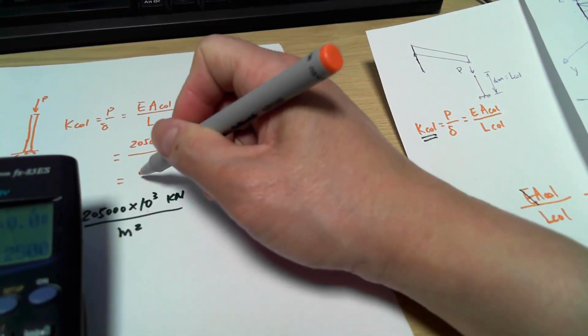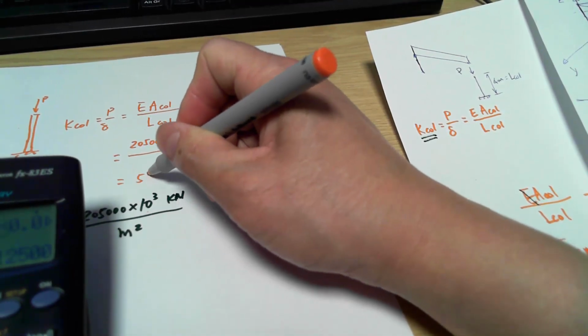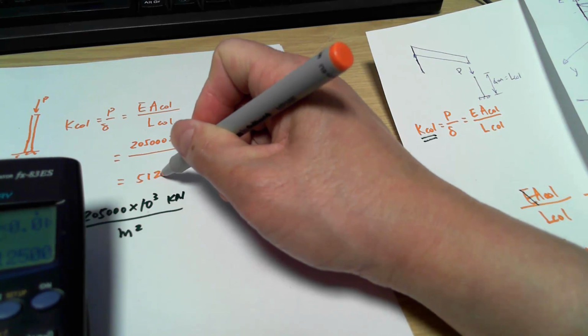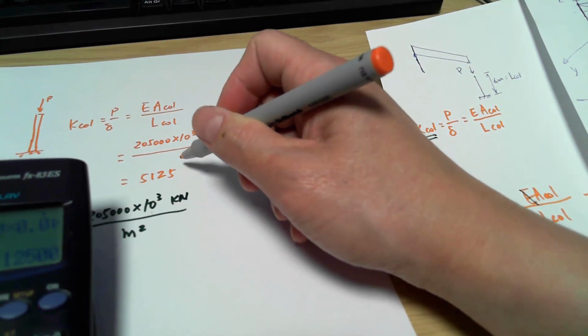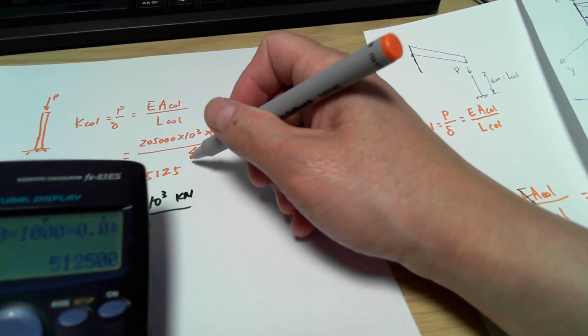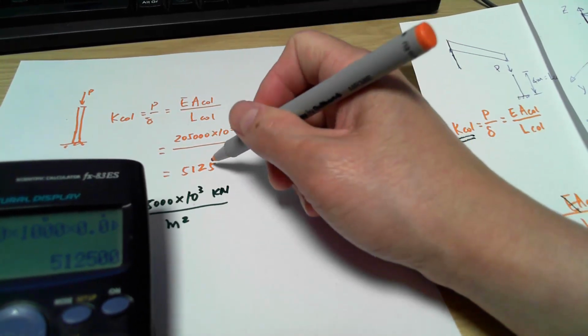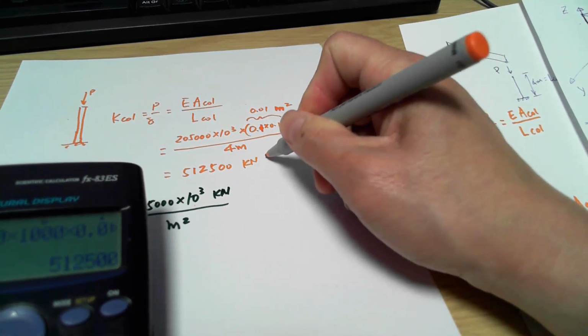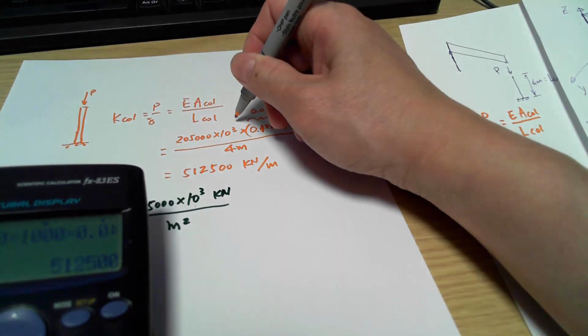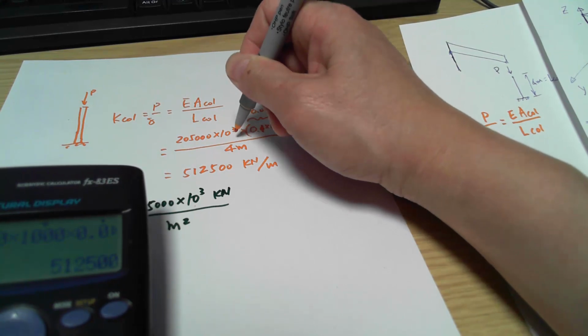That's equal to 512500 kilonewton per meter. I forgot to write out the unit for the Young's modulus.